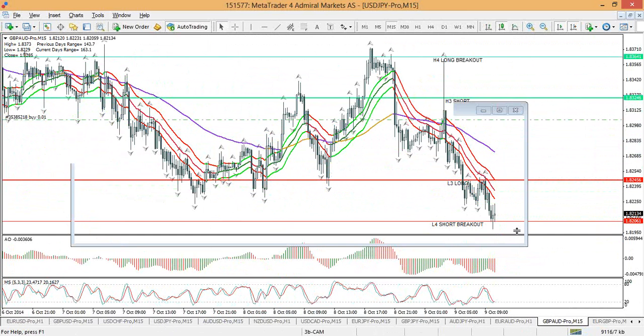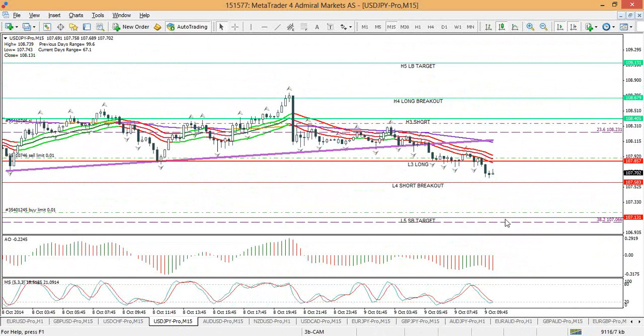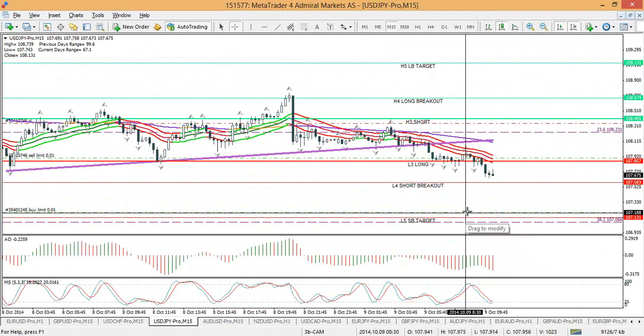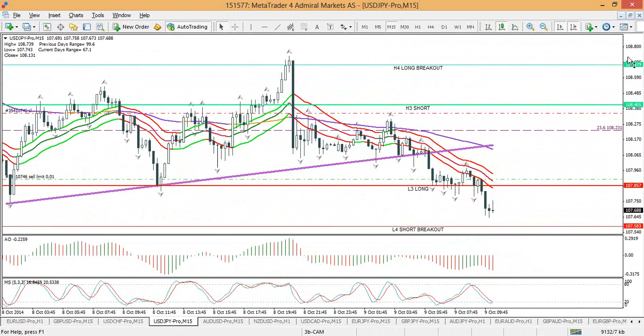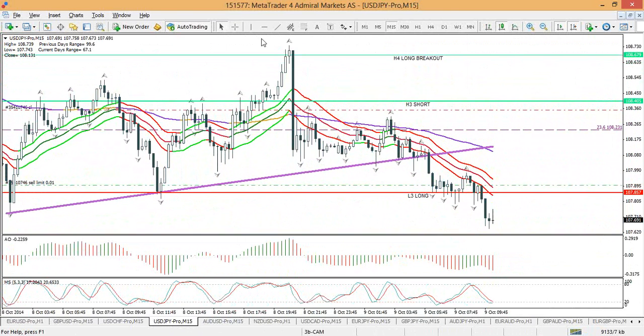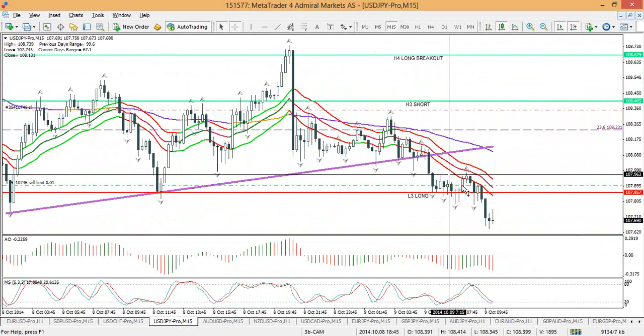Target I would aim for the L5 and the 38.2 fib at 107. 107.10ish here, 107.7, 107.12. Probably exit just a bit before that, 107.20, which is about 70 pips then.